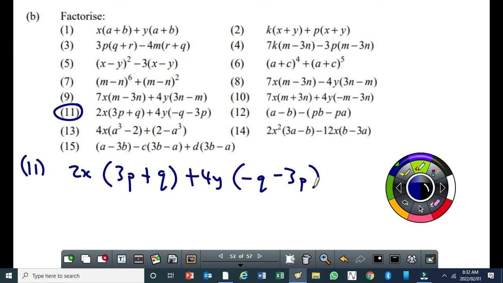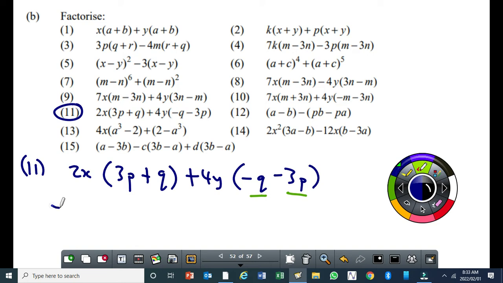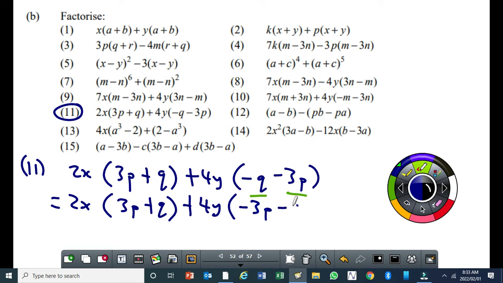Like what I said earlier, first I'm going to interchange those two terms, change their positions. So the question will become 2x times (3p plus q) plus 4y times (minus 3p minus q). That's my first step.